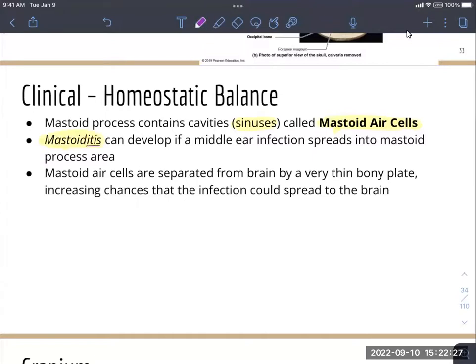Anytime you see the "itis" in a word, that means inflammation. So somebody may have a middle ear infection and it can spread to that mastoid process. Since those mastoid air cells are so close to the brain, this can actually lead to an infection in the brain. Not good.